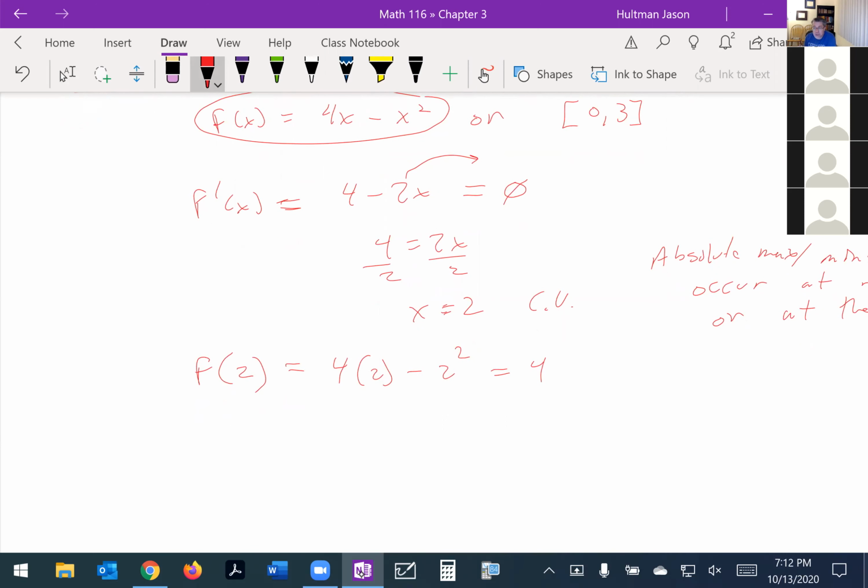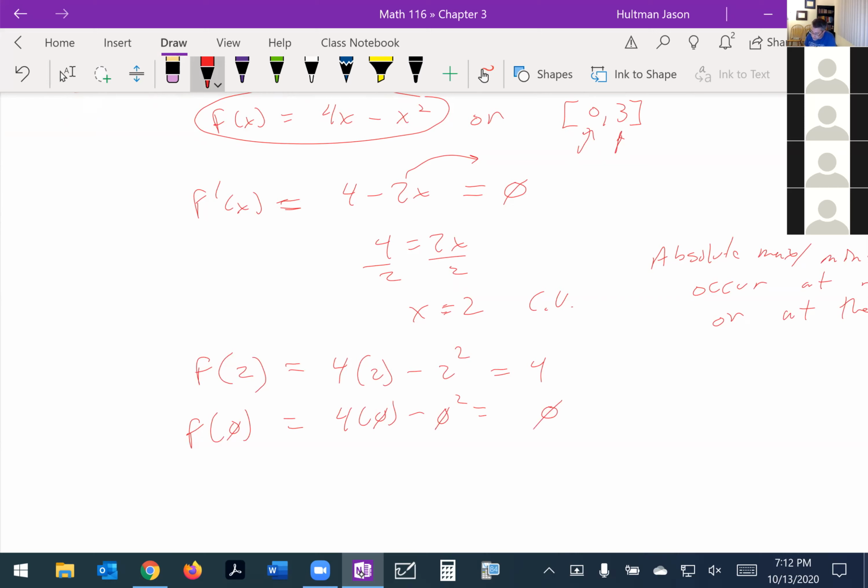What about the endpoints? We've got to check the endpoints. We don't know if this is the absolute highest value on this interval. We also don't know what the absolute lowest value is. So let's check 0 and 3. What's f of 0? f of 0 is equal to 4 times 0 minus 0 squared, which is 0.